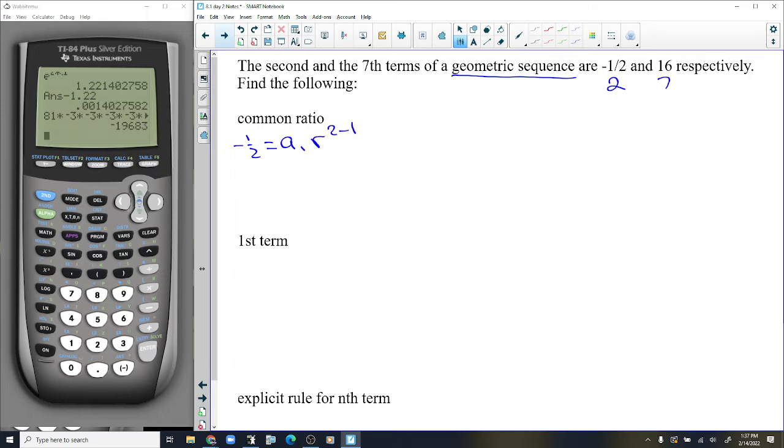It's the 2nd term. And 16 is equal to a sub 1 r to the 7 minus 1. It's the 7th term. I think I'm going to write this one first. 16 is equal to a sub 1 r to the 6th. And -1/2 equals a sub 1 r to the 1st.